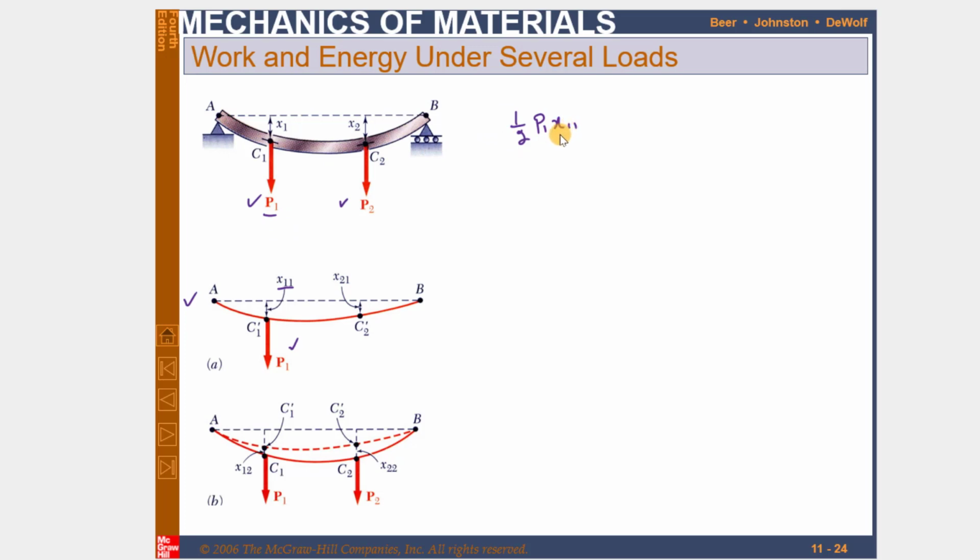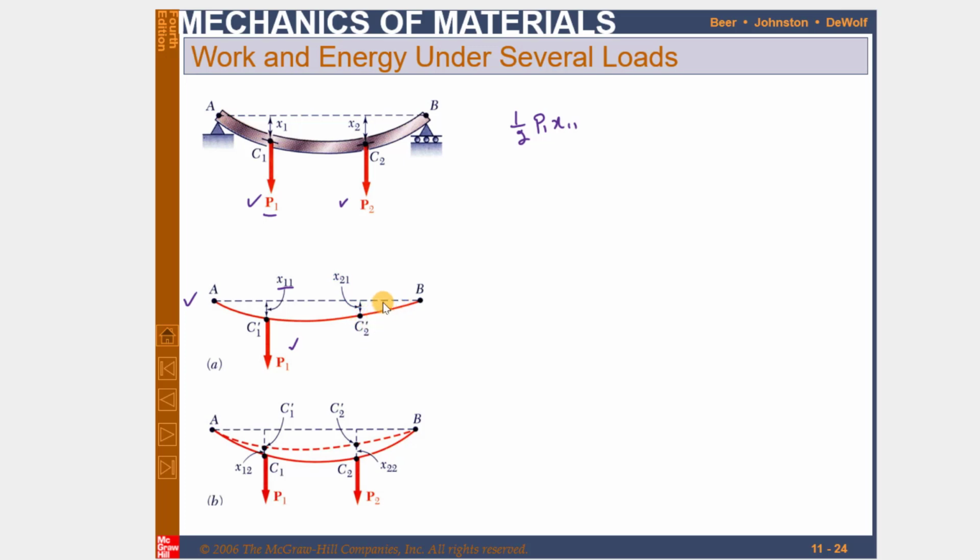And you can also see here that there is no load P2, but due to this P1 there is a deflection at C2. Again, I will repeat that P2 does not work. Here P2 is equal to 0 while C2 moves.